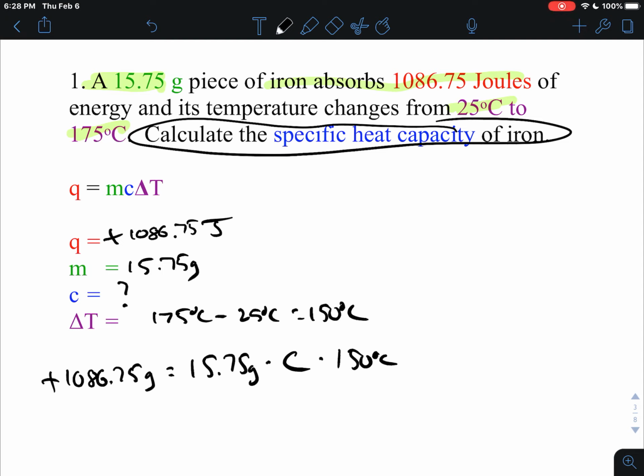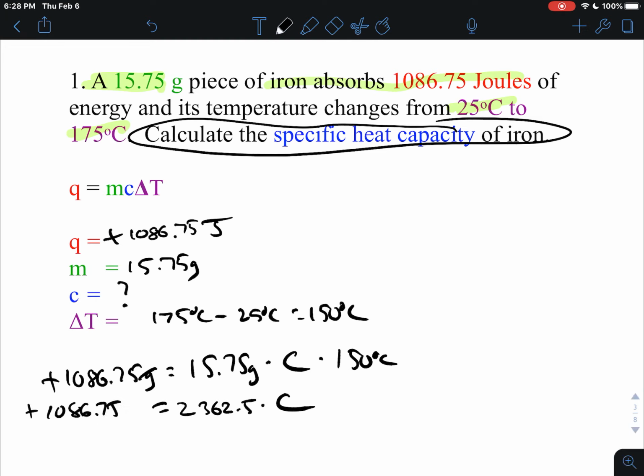We'll combine our terms. 15.75 times 150 is going to be 2,362.5, times C, and that's equal to positive 1,086.75 joules.